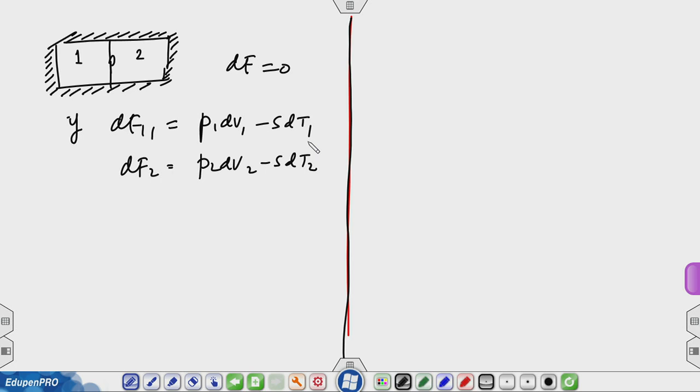So something else is happening. What is happening is that the particles are moving from left to right.